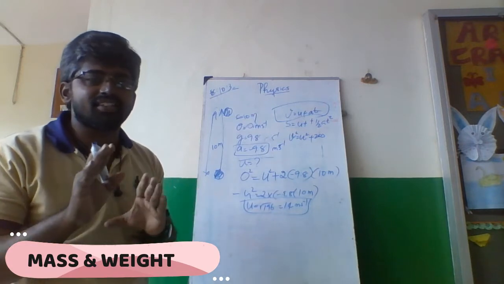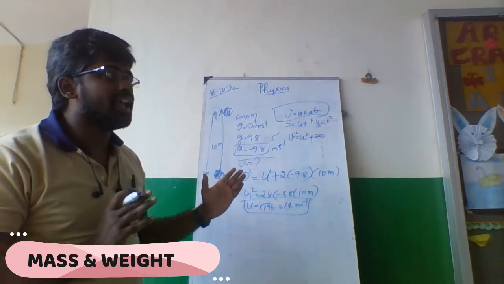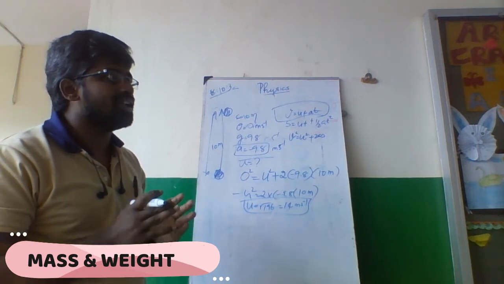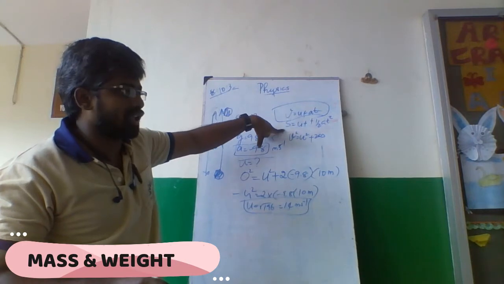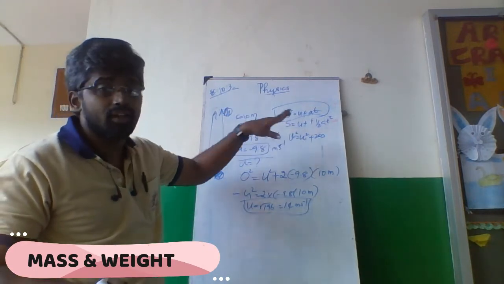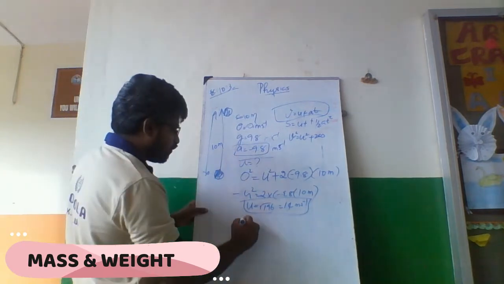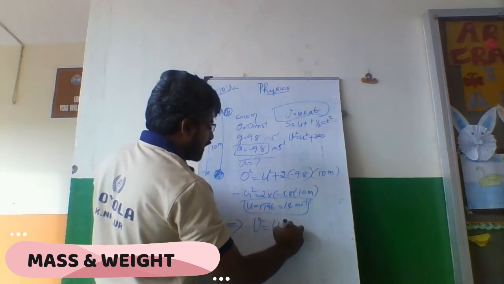That's all. This is a simple logic, a shortcut trick to solve all these equations of motion problems. When you know t, you go to the first or second equation. When you don't know the value of t, you go to the third equation. We shall go for the first equation now. v is equal to 0, u plus at.